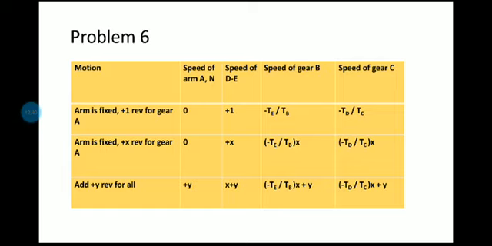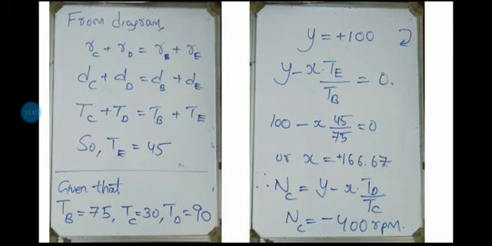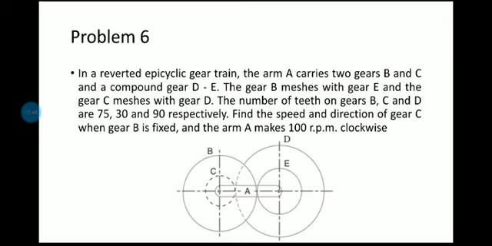Okay. Then you have to form the table before discussing the velocities. So how will you form the table? Here you see the arm is there, then E and D are compound gear. So there should be only one column to represent speed of E or D because both are the same.